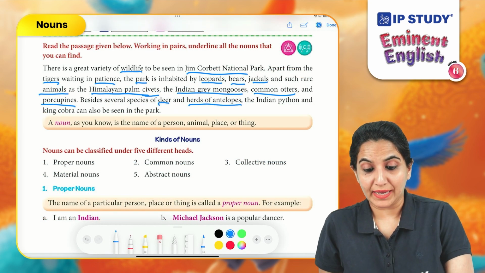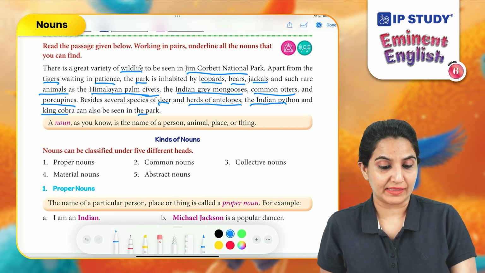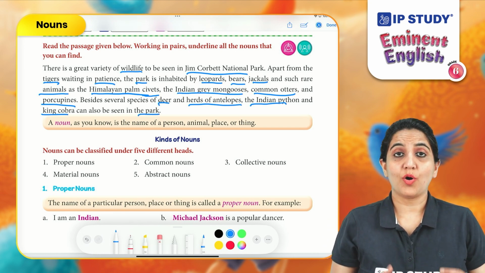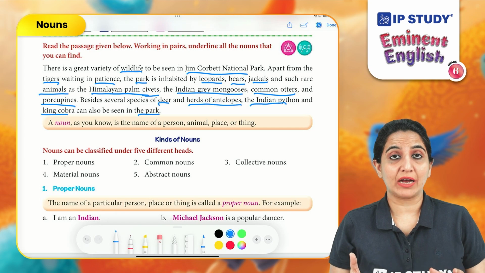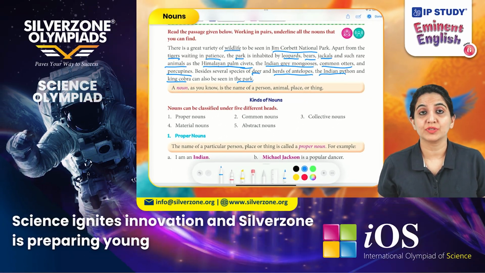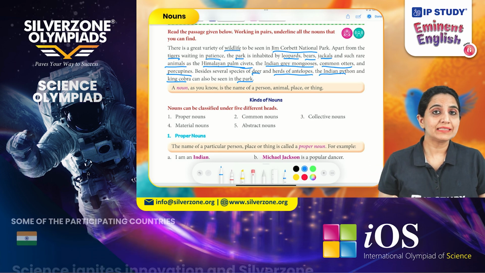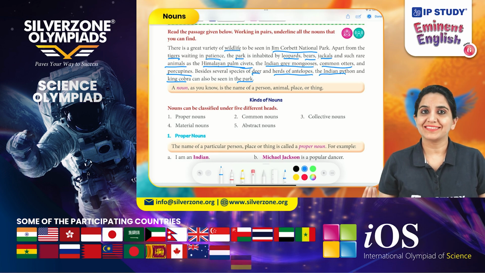The Indian python and king cobra can also be seen in the park. So, all of these words that we have underlined in this passage are called nouns because they are the naming words. They are naming the places, animals, and things.